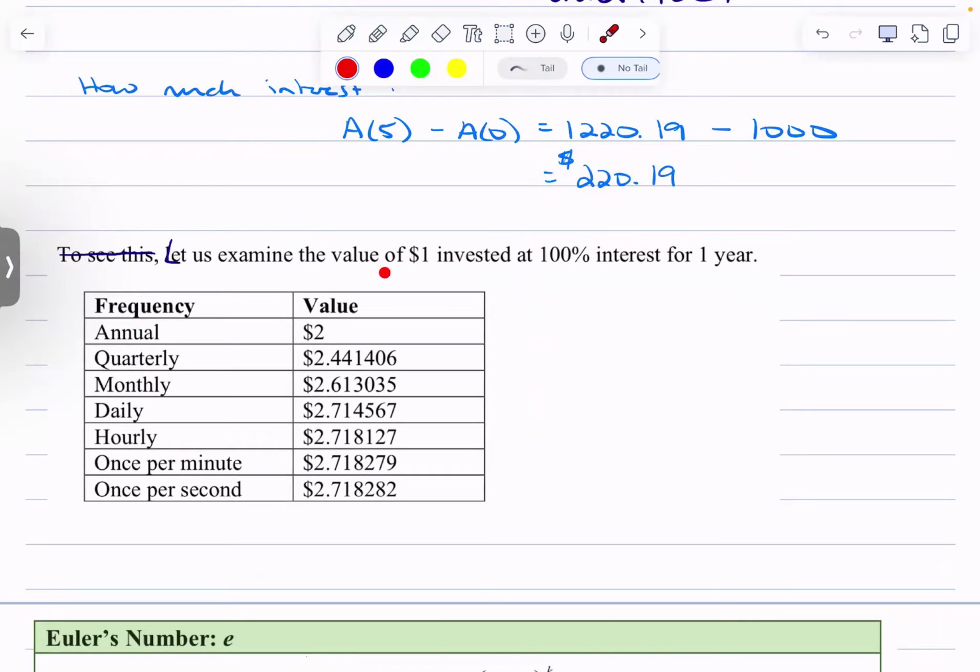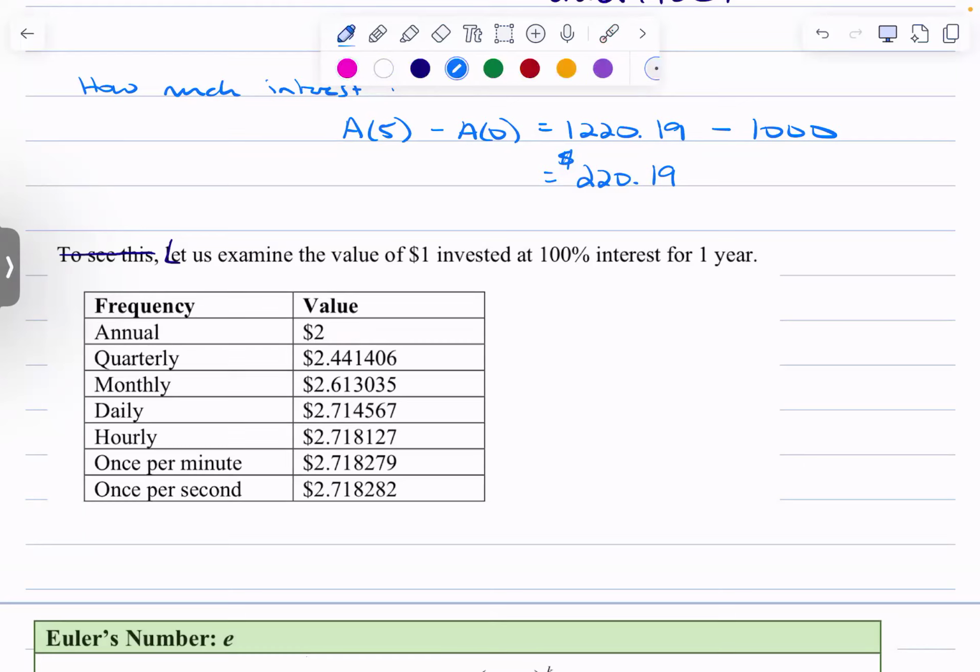As an example, if we have $1 that's invested at 100% interest for 1 year, and we're compounding annually, then we would have $2 at the end of the year.